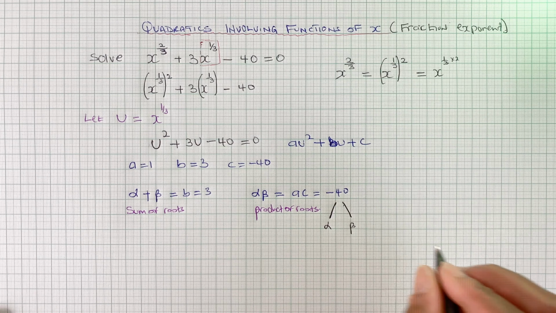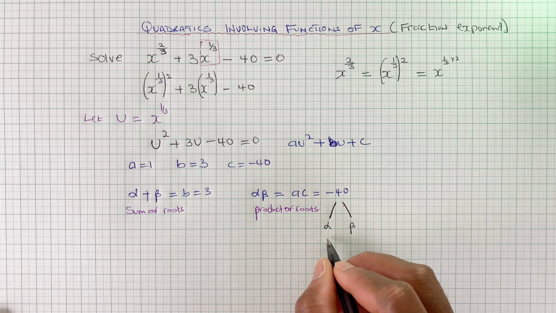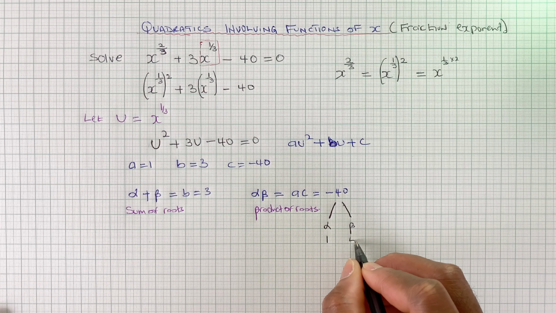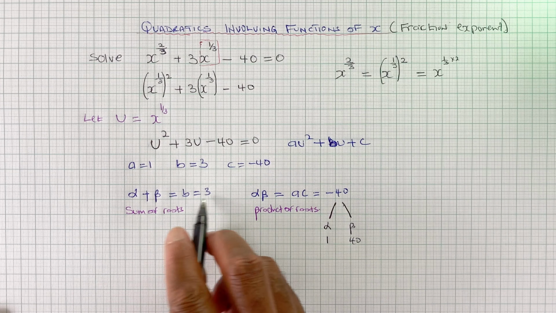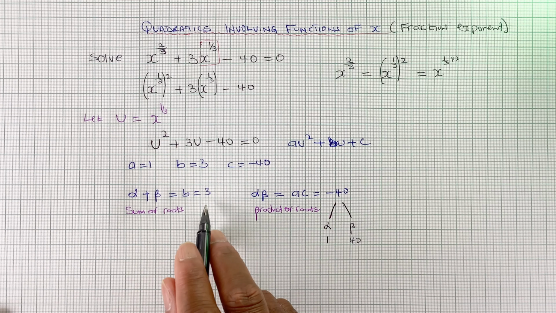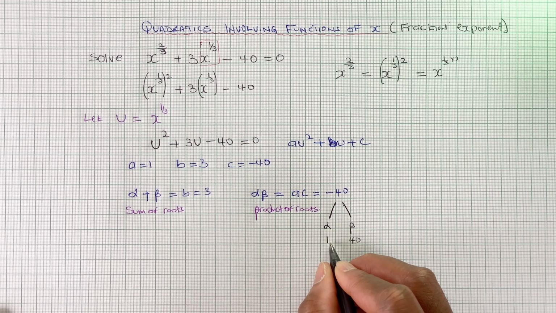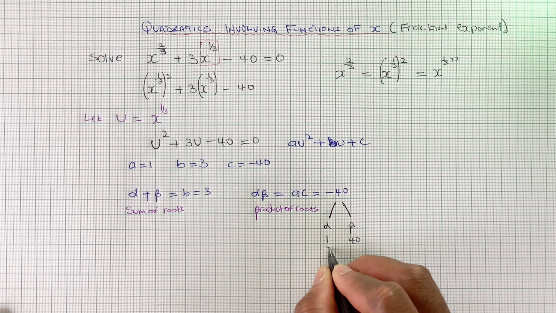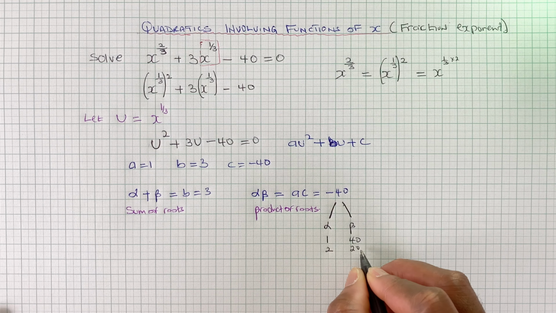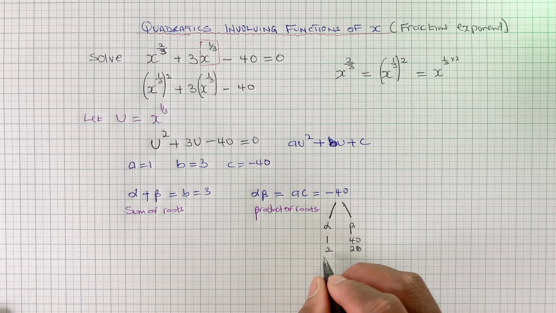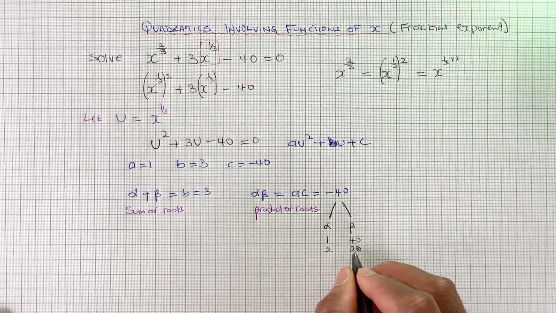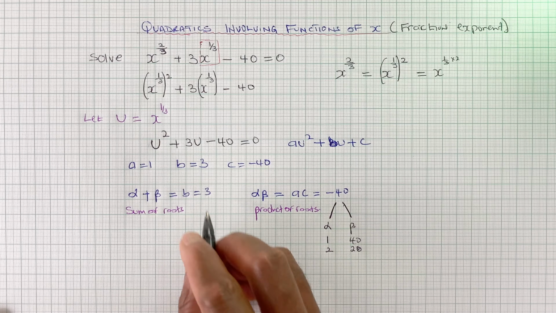I need to find my alpha and beta. So I start with 1 and 40. What can I do to add it together? Will I get 3? No way. If I go to 2 and 20, it still won't give me 3.